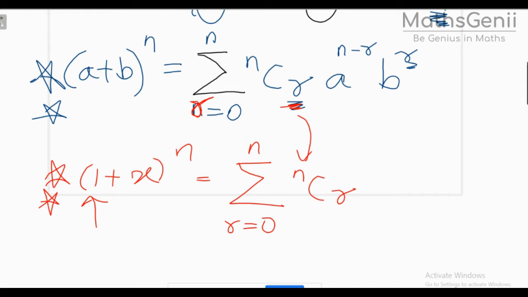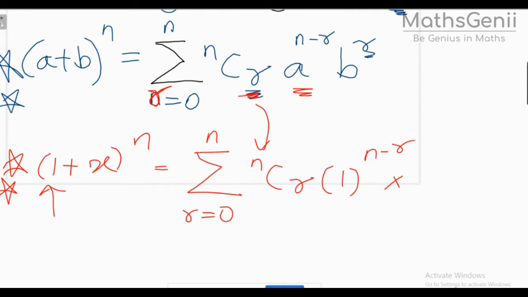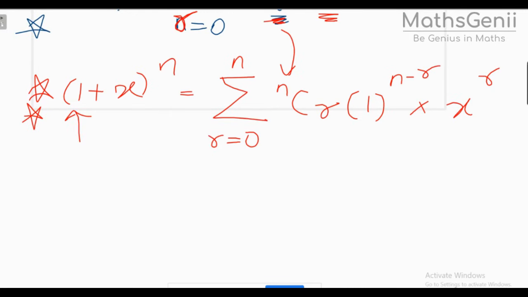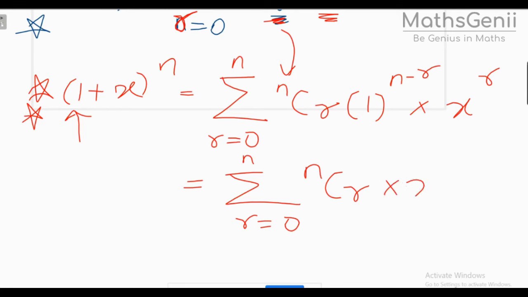What will change here is, you will have 1 raised to n minus R into, in place of B raised to R, you will have X raised to R. So anything in the world raised to 1 is 1 itself. 1 raised to 100 is also 1. 1 raised to n minus R is also 1. So I'm not writing 1.